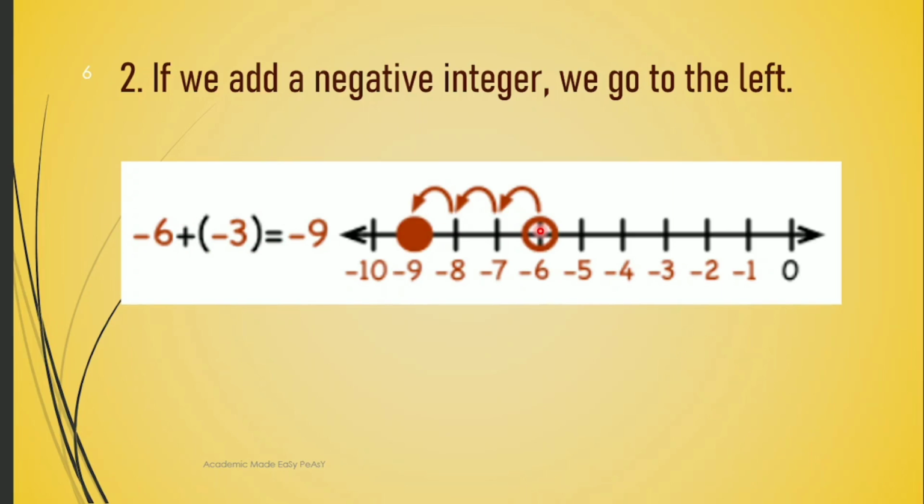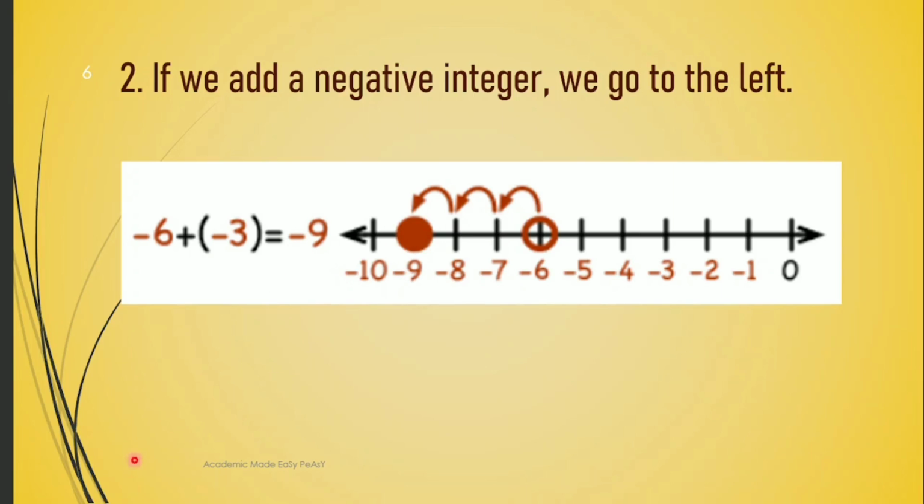So I have pointed out -6 on the number line. Now, what should I do? I am moving towards my left side. That is jumping 3 steps, from right to left. Right from -6, I'm jumping 3 times towards my left. So I land on the place -9. So -9 is my answer.